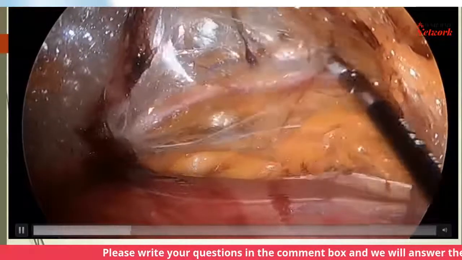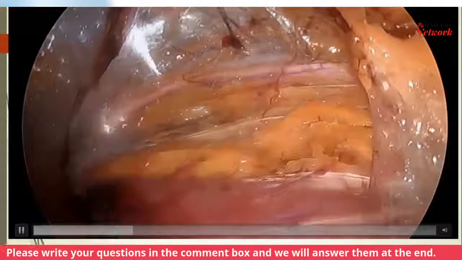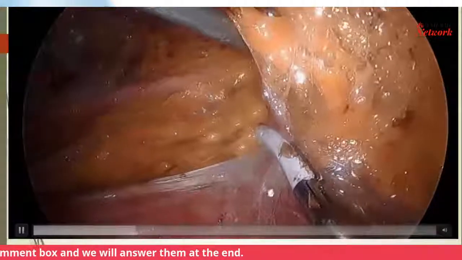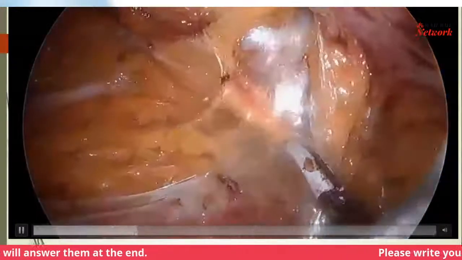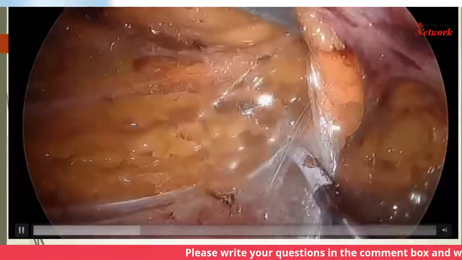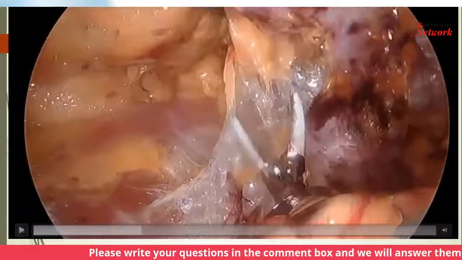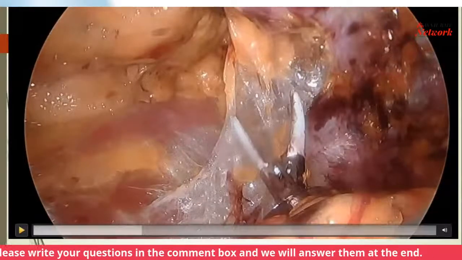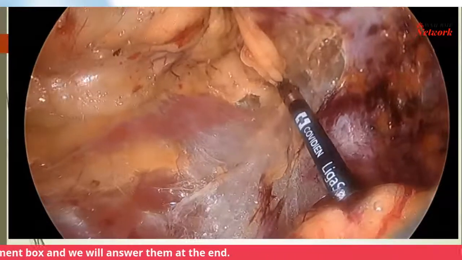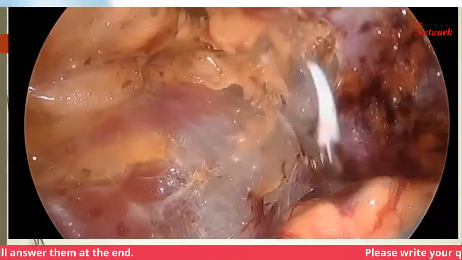So you want to separate the ureter from the rest of the structures around it. So we separate the ureter, we separate the kidney, we separate the artery of the kidney, and whatever is attached to the kidney will be separated from the rest of the structures around it.